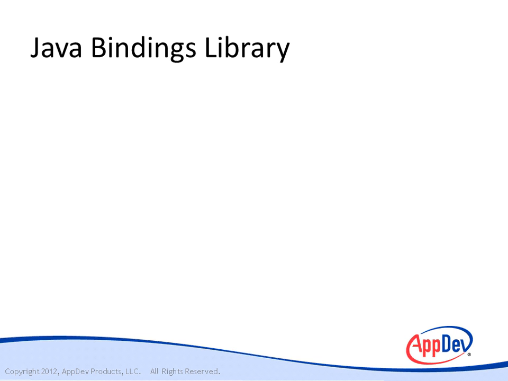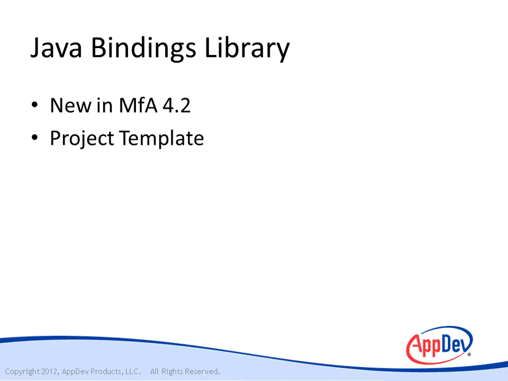So just to mention a few more things about that Java bindings library. It is new in Mono for Android 4.2, so it's a new project template that you can use. You'll see it when you go to select a new project inside of Mono for Android.